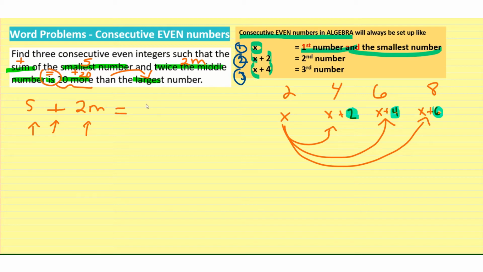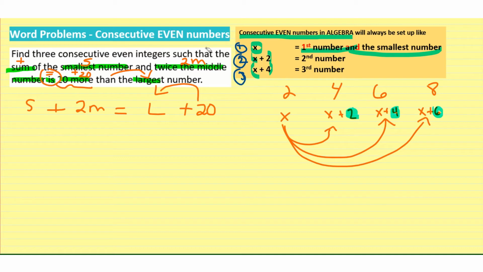Remember, that's plus 20, and I'm always going to put a plus 20 or minus 20 or plus 100 at the back end. So plus 20, because it's 20 more than the largest number. Hopefully that helps you work through how to convert an English word problem into a math equation.